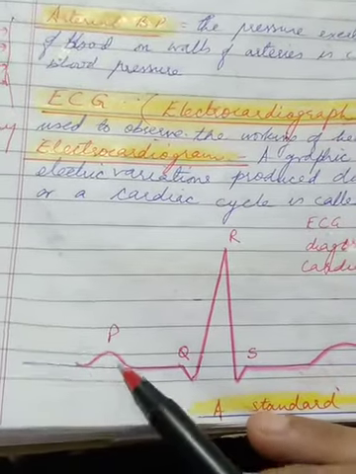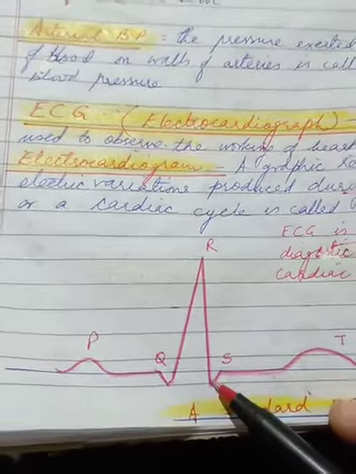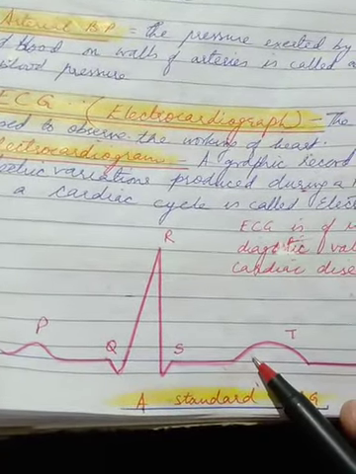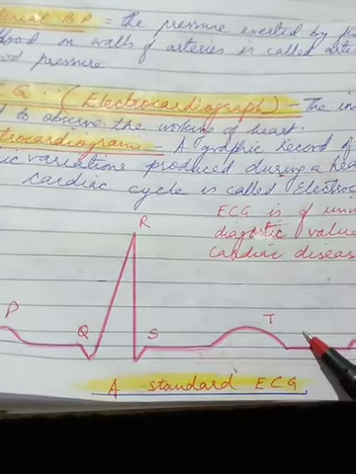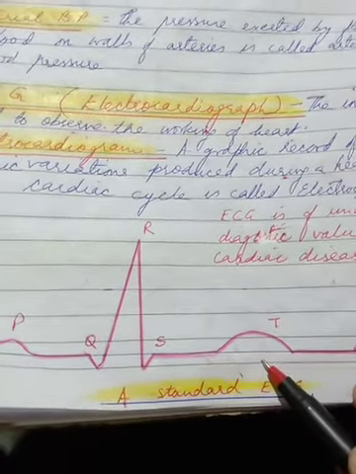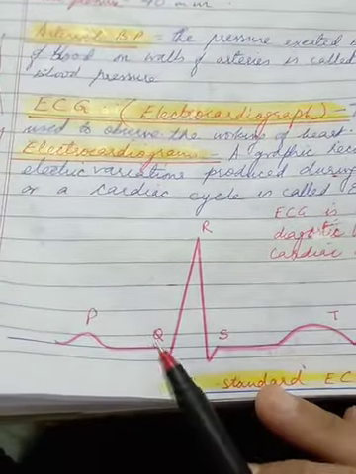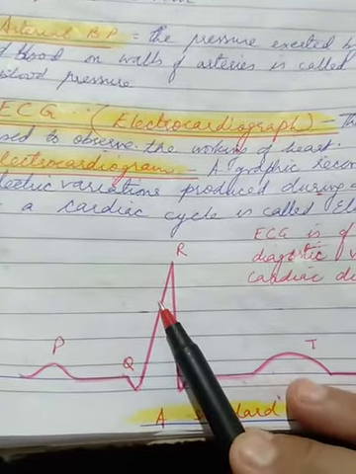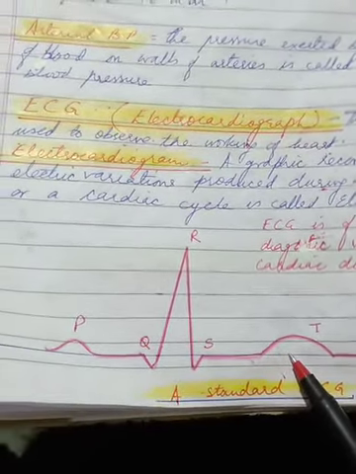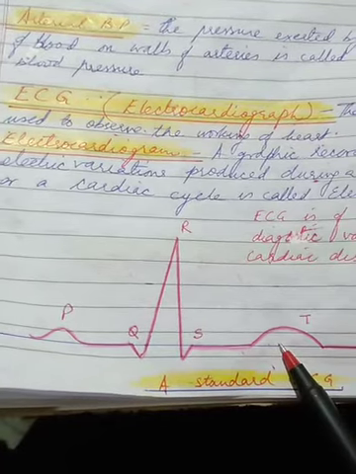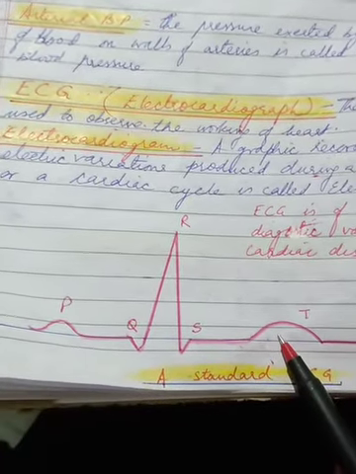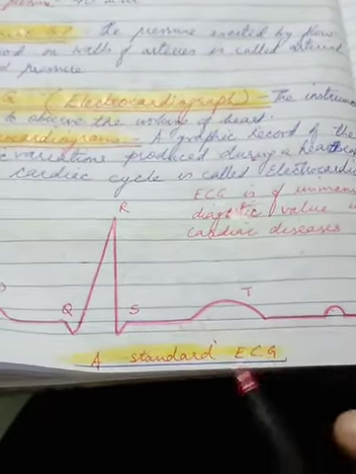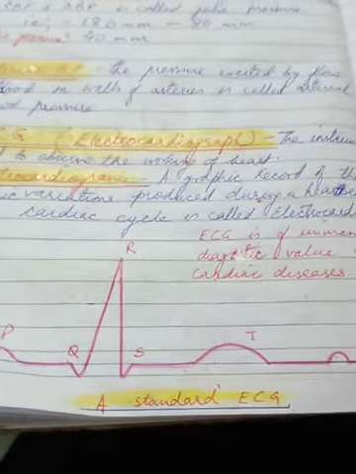Auricular contraction was only this, whereas ventricular contraction is highest, right? The T wave is the return of the ventricle from excited to normal state, and we call it repolarization. So this is depolarization of the auricles, this is depolarization of the ventricles, and this is repolarization, that is the ventricle coming from the excited to the normal state. The end of the T wave over here marks the end of systole or contraction.